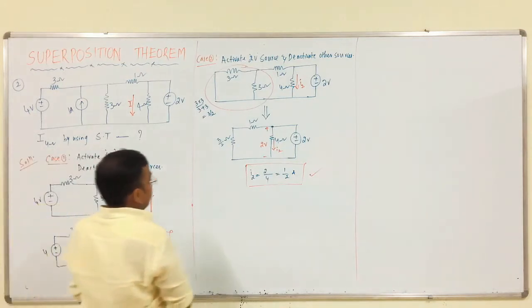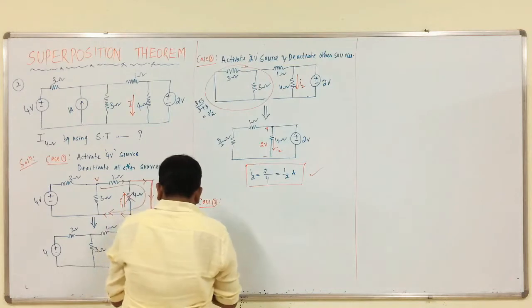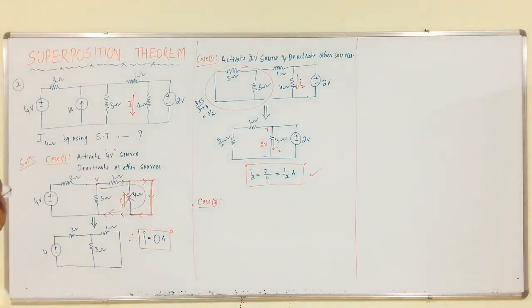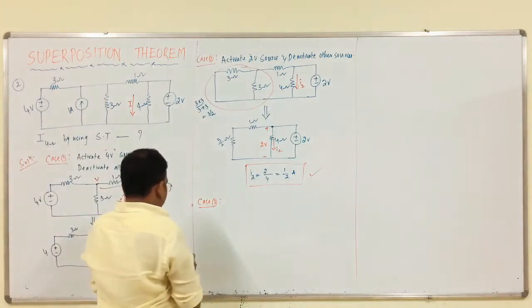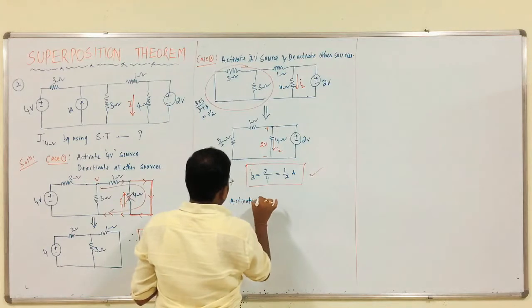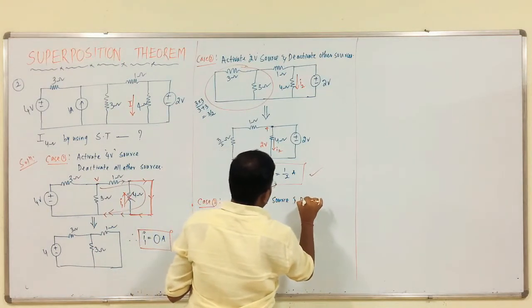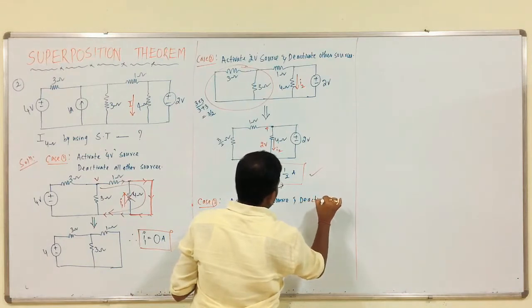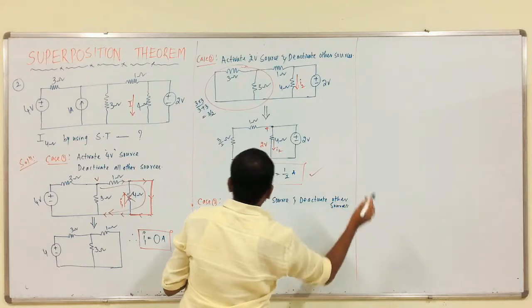Next, case 3. Now, it is time for case 3. Case 3, this is active, these two are deactivated. Activate the 1 ampere source and deactivate other sources.